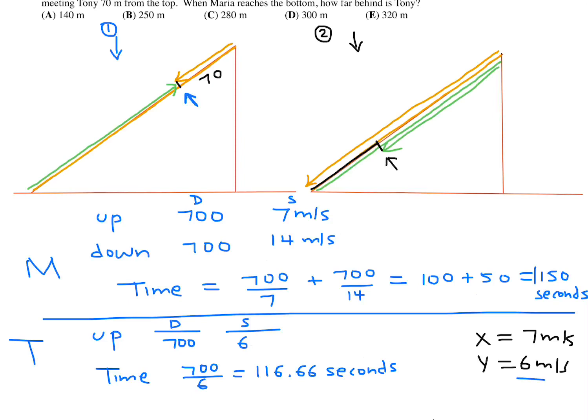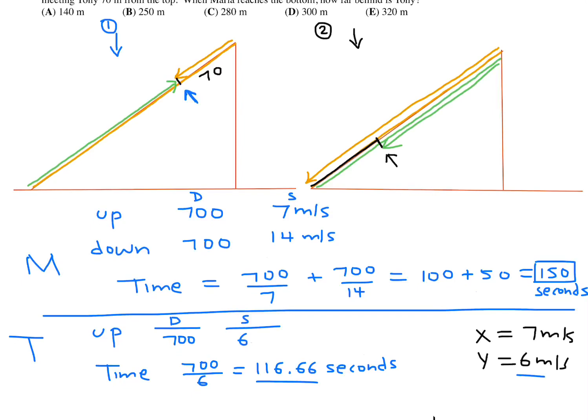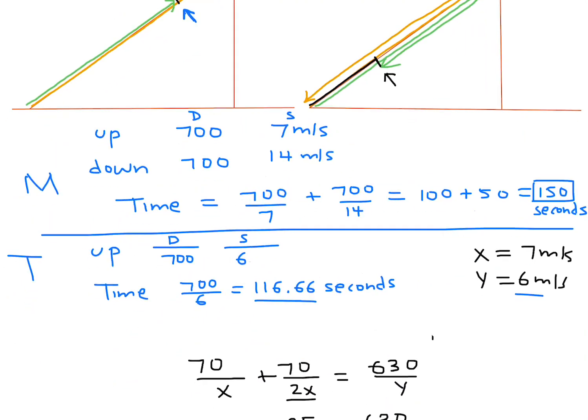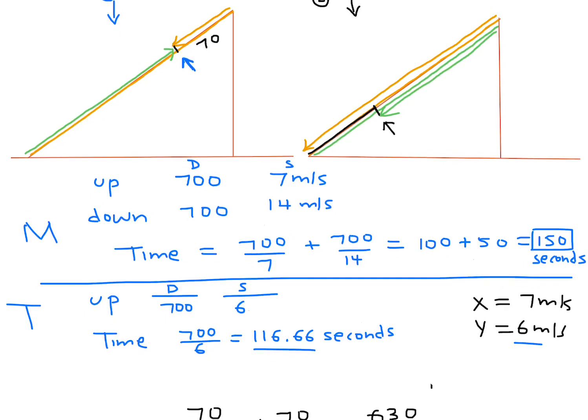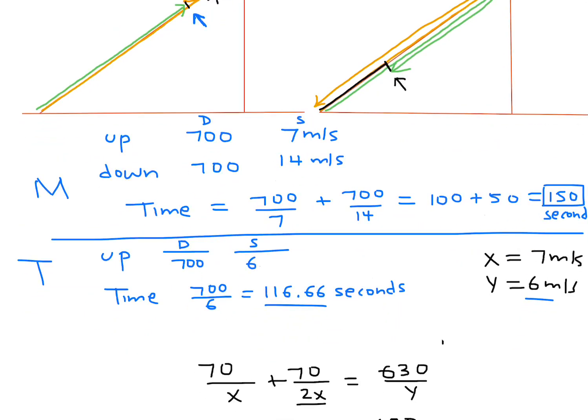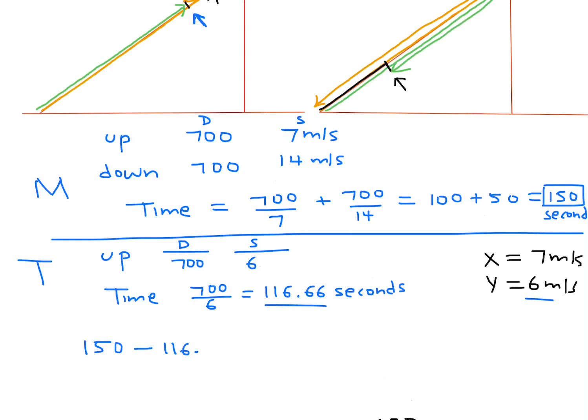Now, we have to understand that Maria takes 150 seconds to go up and down. He's already traveled for 116 seconds. So how much more time does he have to travel? He has to travel an additional 150 minus 116.66 seconds, which is 33.33. Correct?